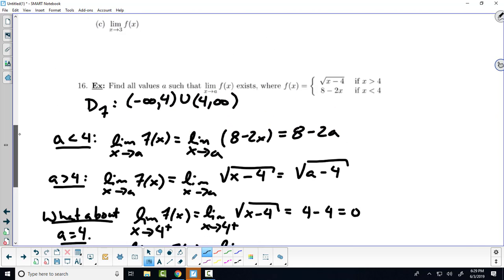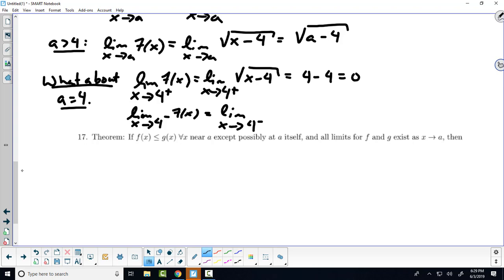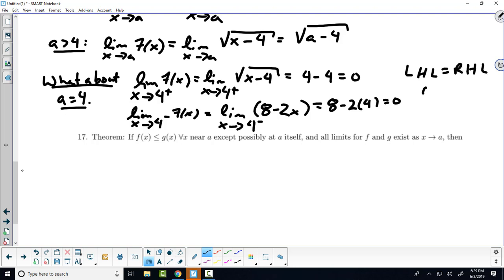We'll use the second rule. So this is 8 minus 2x, is that right? But this is a polynomial function, so we can evaluate it through direct substitution. So we get 8 minus 2 times 4, which is also equal to 0. So the left-hand limit equals the right-hand limit at a equals 4.